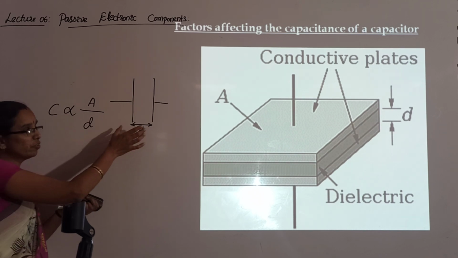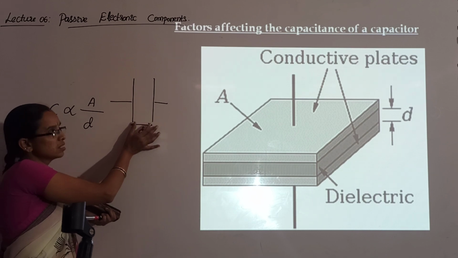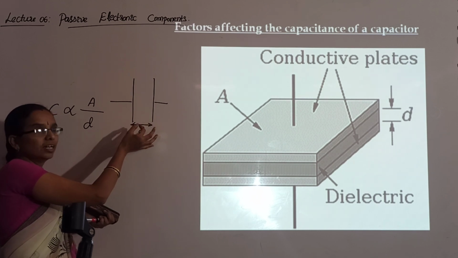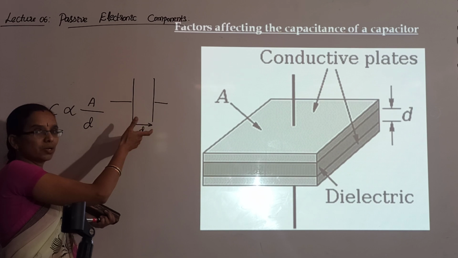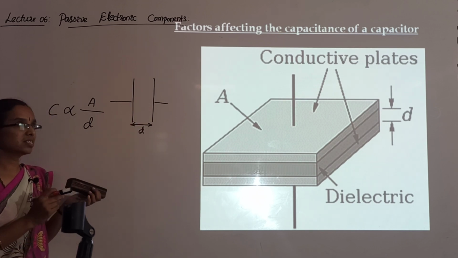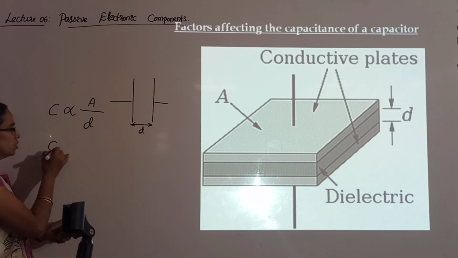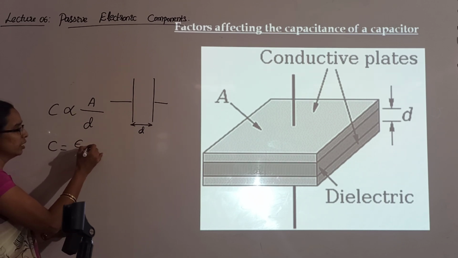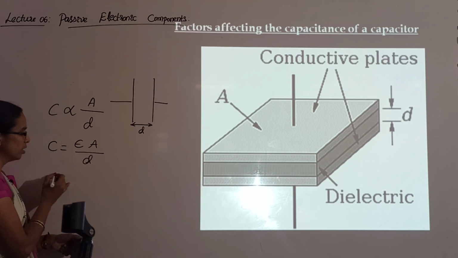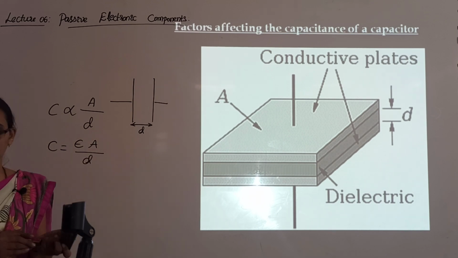If the distance between the plates is reduced, what happens? Electrostatic force increases, potential reduces, consequently the capacitance of the capacitor increases. So it is C is equal to epsilon A by D. What is this epsilon?